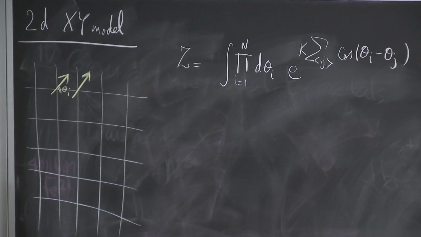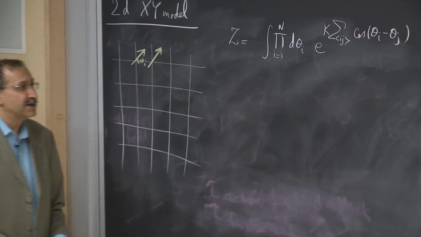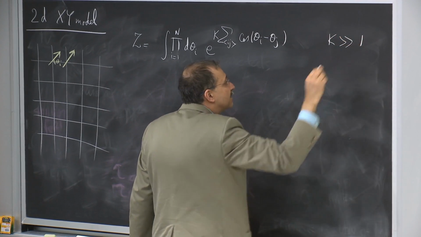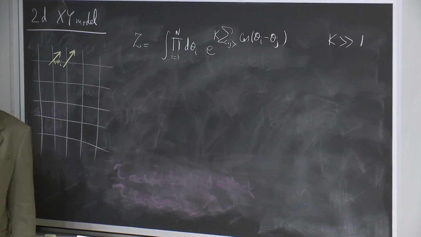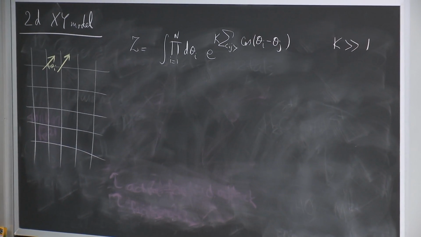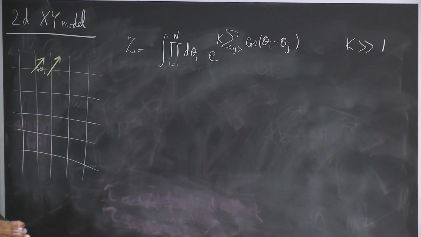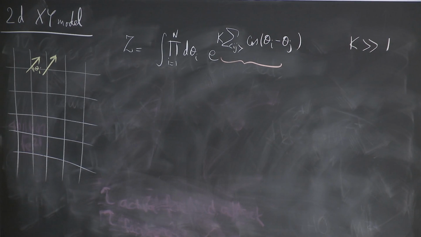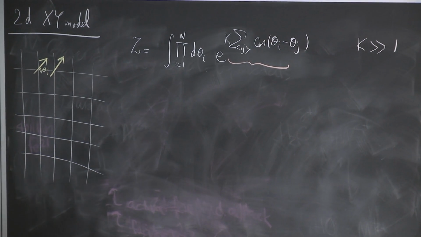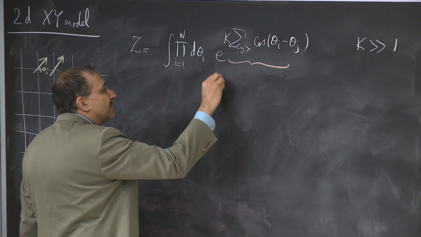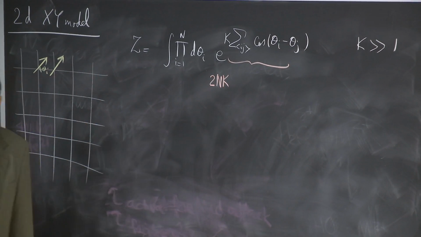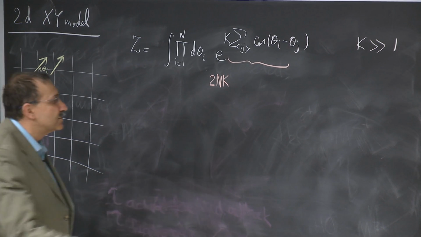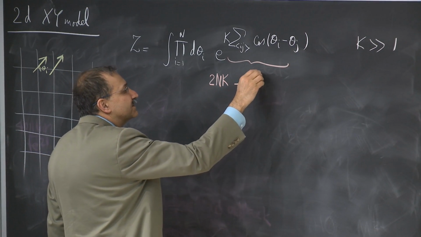Now, if we go to the limit where K is large, then the cosine will tend to keep the angles close to each other. And we are tempted to expand this around the configurations where everybody is parallel. Let's call that NK by a factor of 2. And then expanding the cosine to the next order, you may want to replace this.